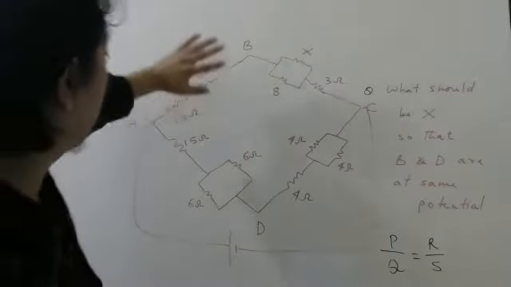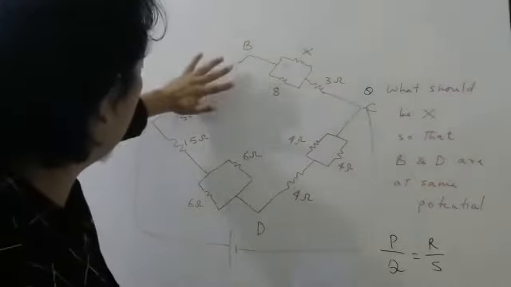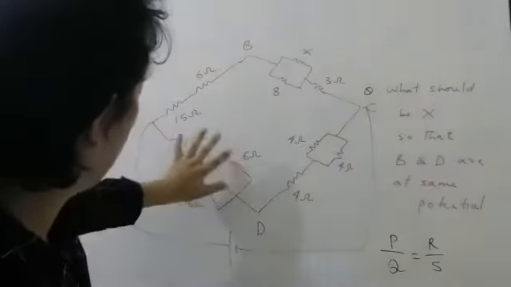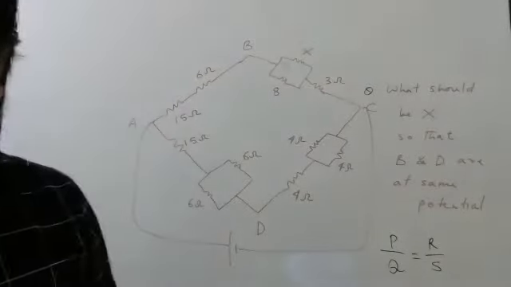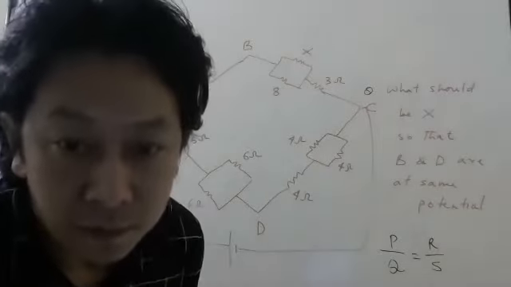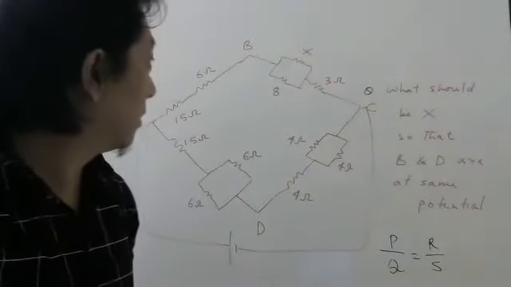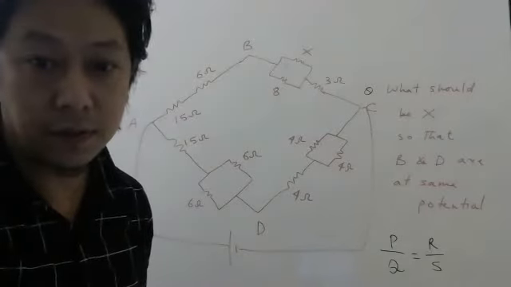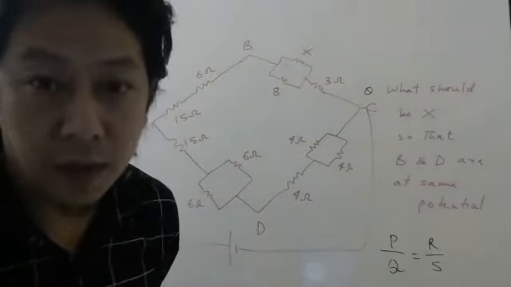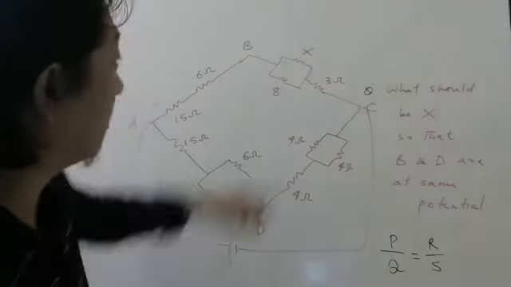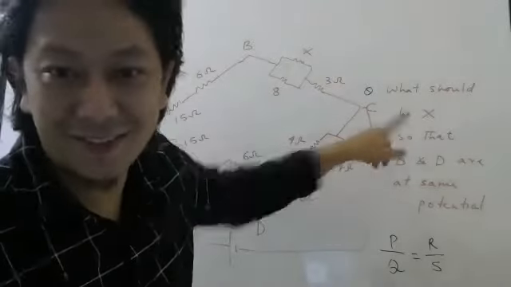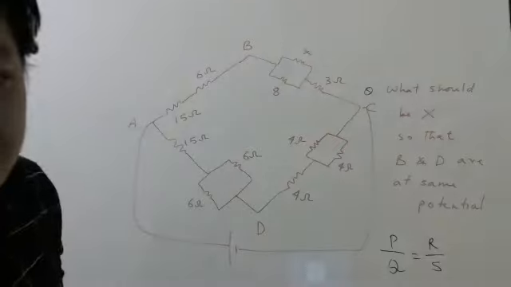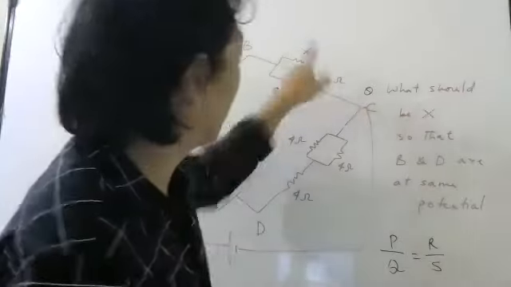So try to solve this question. You can see here also one branch P, Q, R, S. After B, what is the resistance? X only you have to find. What should be this X?